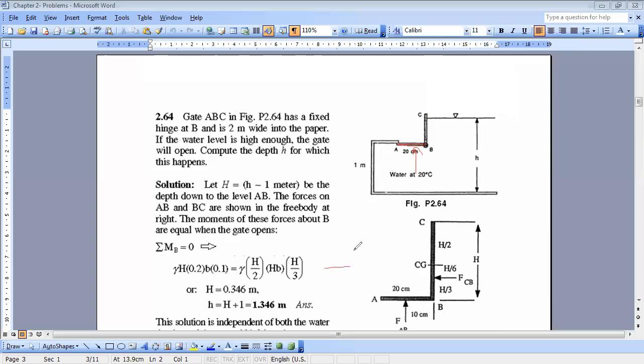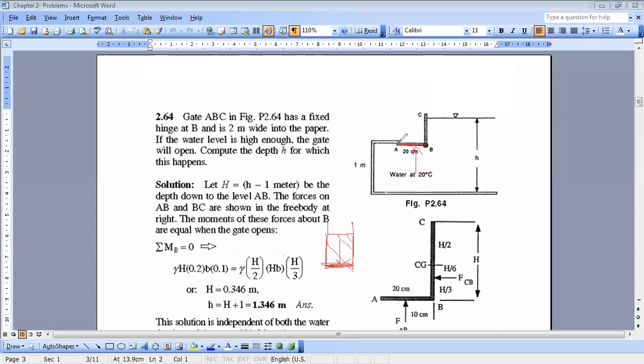So if you have this shape, your gate is below, and you have a certain height of water, you can just say that the action of water on your bottom surface is simply the volume of water above it, just above it, as we have seen in the previous problem.